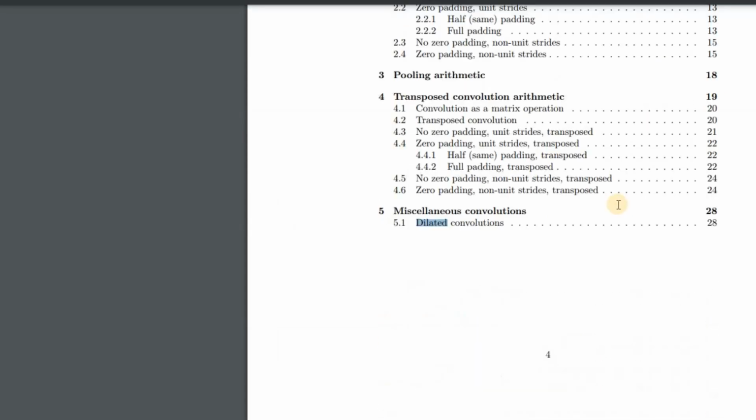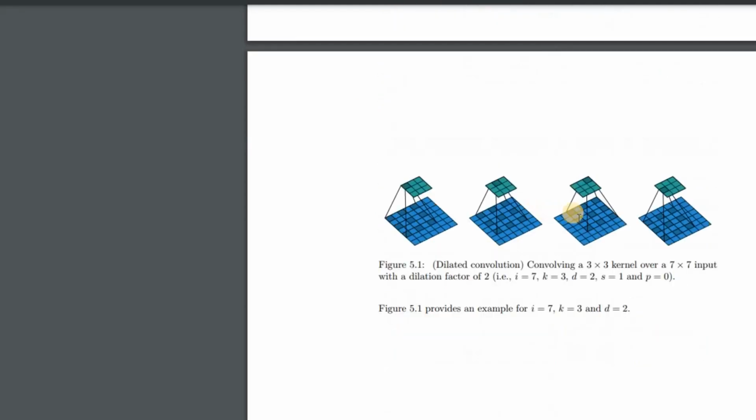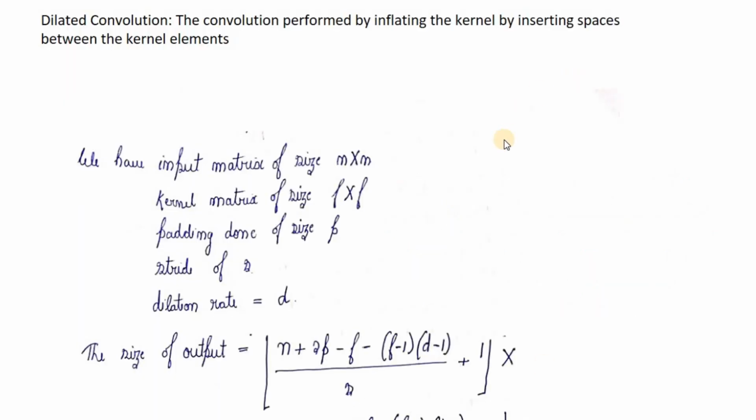This paper is very simple and the entire process of performing a dilated convolution is explained in a very simple method over here. This is exactly how it was explained, and the visuals actually helped me to get a hint of how the dilated convolution is happening. I will provide a link to this paper in the description, but let's consider the same numerical example which we were doing to understand how it works.